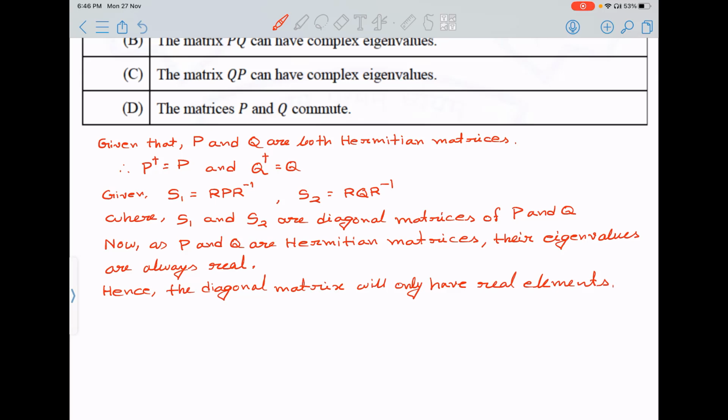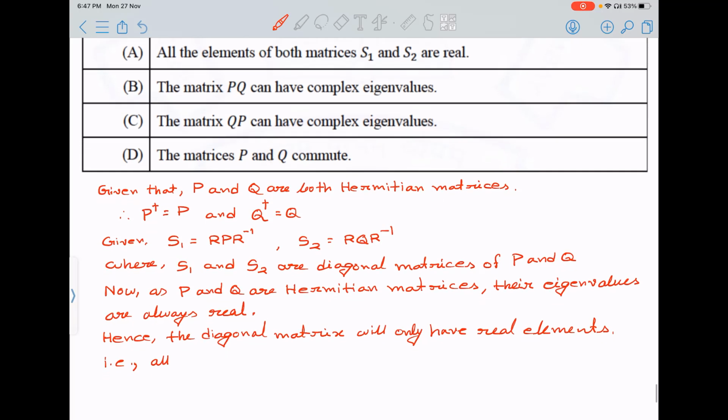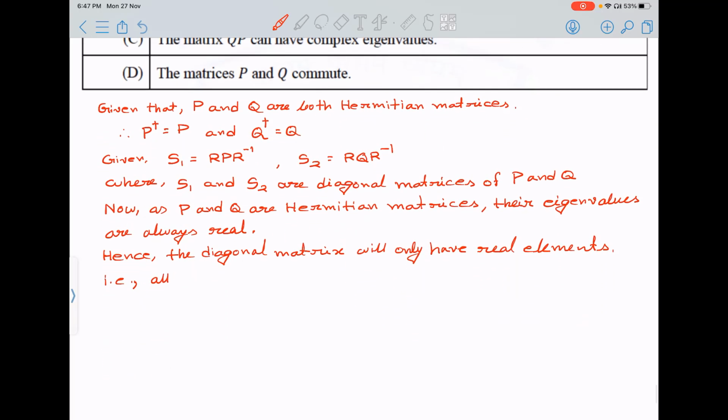So I think the first option is correct: all the elements of both matrices S1 and S2 are real.